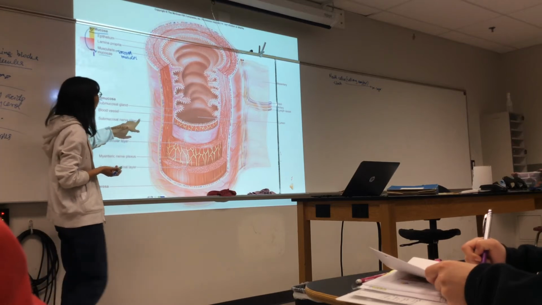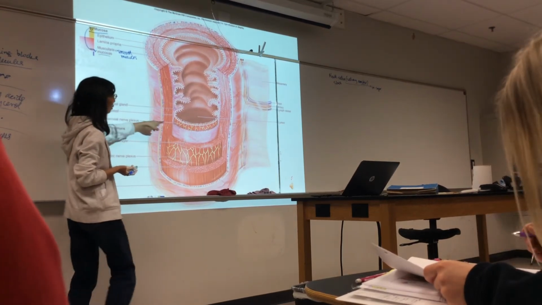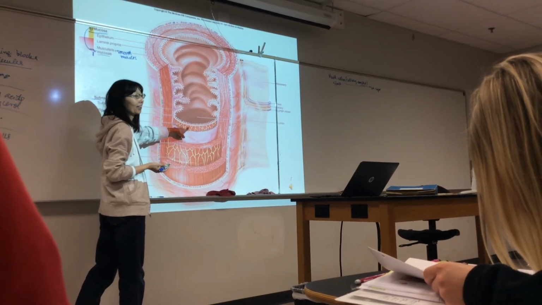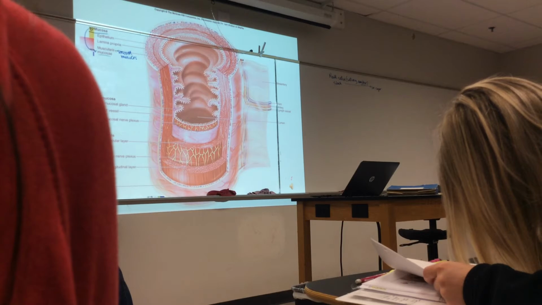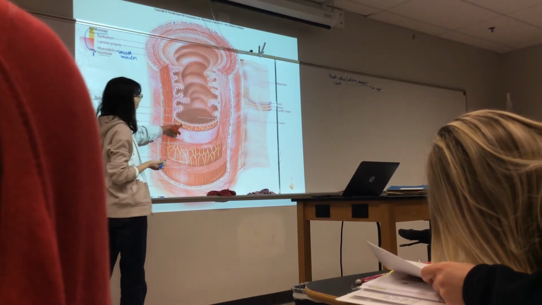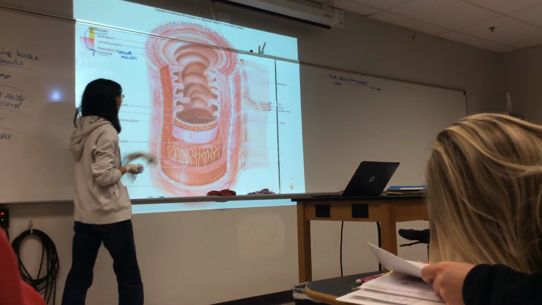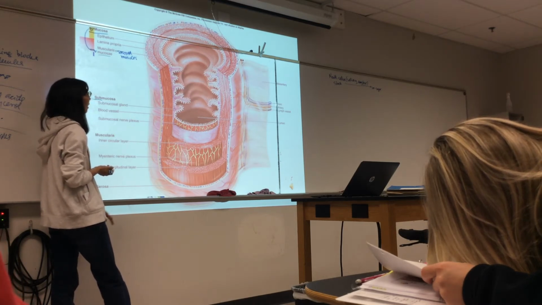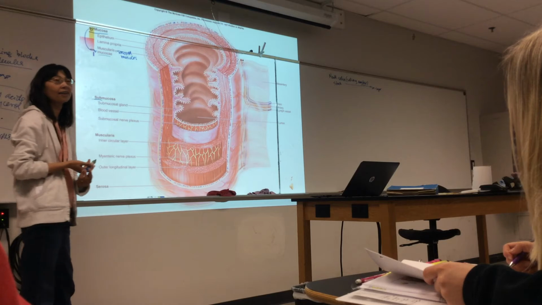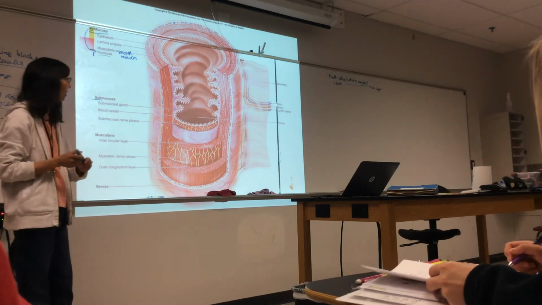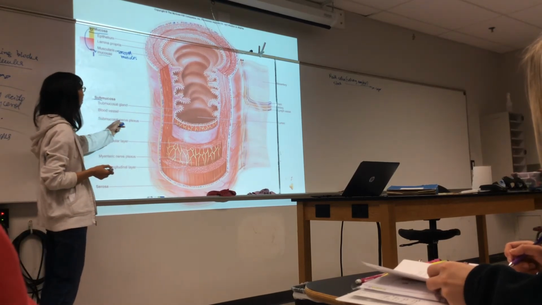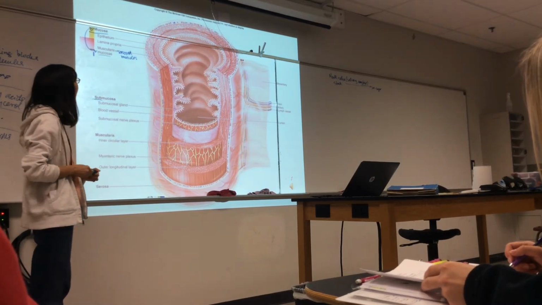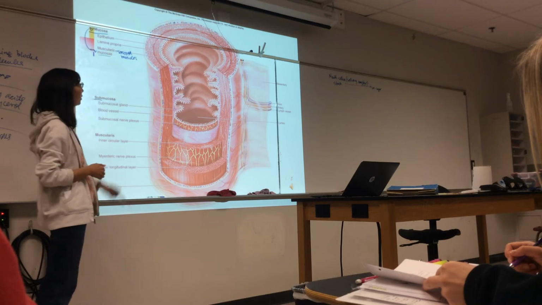Why? Because for the muscle to contract, you need to stimulate it with nerve. So the submucosal nerve plexus, that's on this yellow line here, stimulates what muscle? You guys aren't answering my question. Submucosal nerve plexus will stimulate the muscularis mucosa.